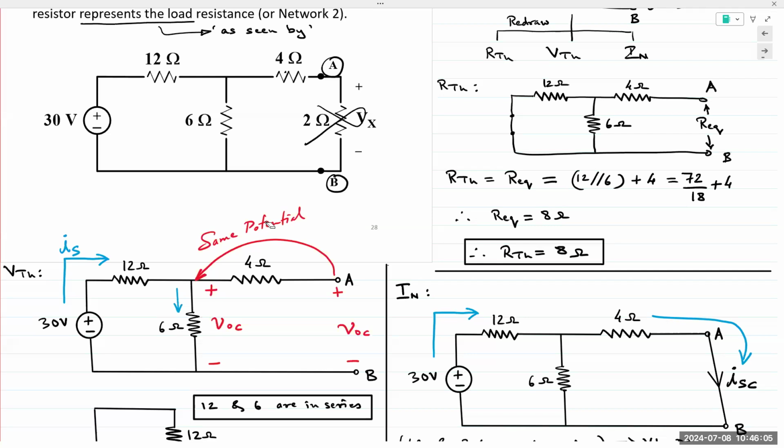It's a concept: if a component is connected and left hanging open, even though there's a resistance in place, current cannot flow through, but the electric potential at both ends of that resistor is exactly the same.